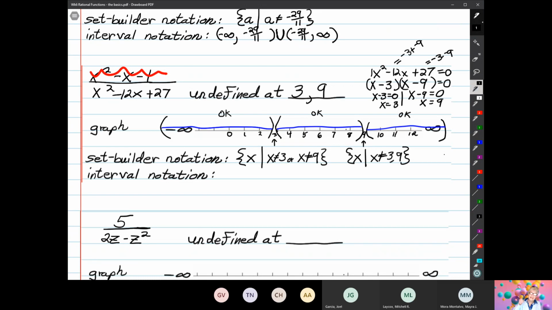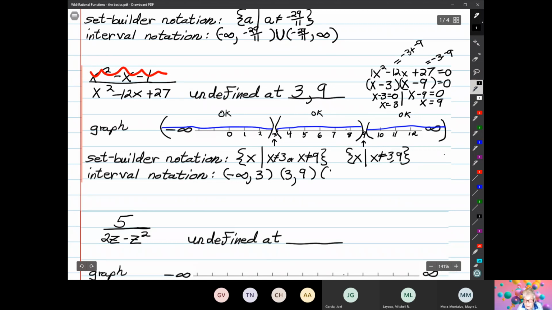All right, and interval, remember, is based on your intervals that you graphed. So we're going to have 3 intervals: negative infinity, comma, 3. That's the left side of 3, but not 3 itself. The right side of 3 to the left side of 9.